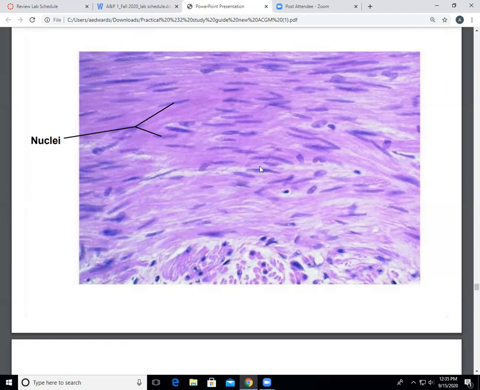Yes, for skeletal muscle. Yes, for cardiac muscle. No, for smooth muscle.